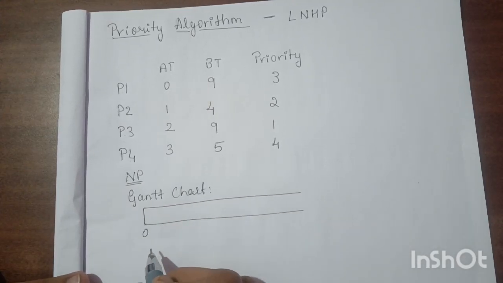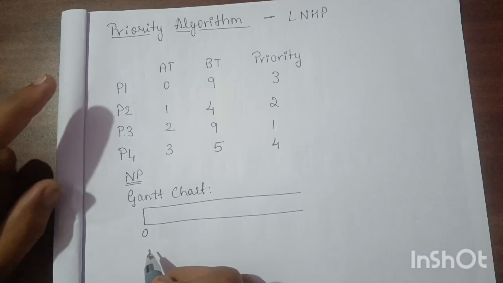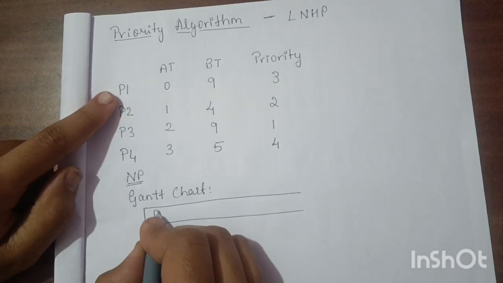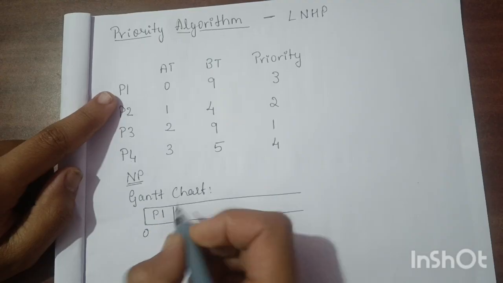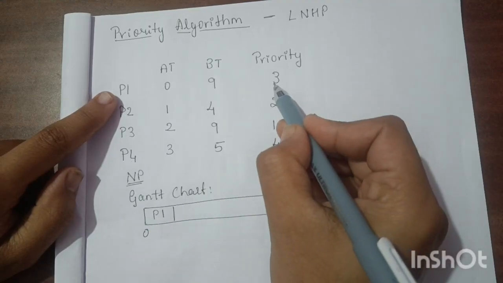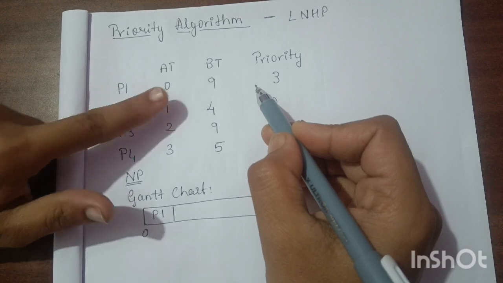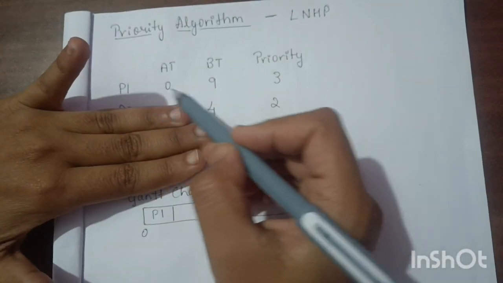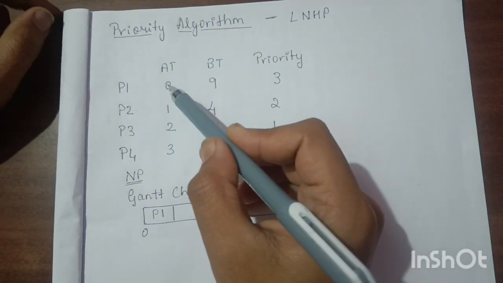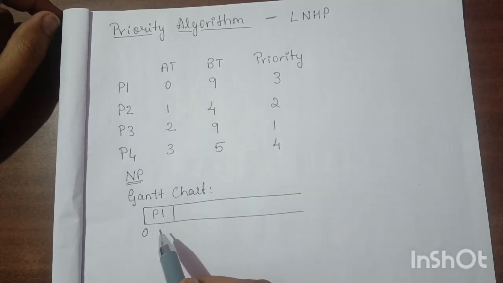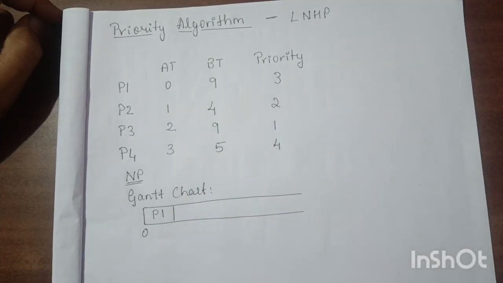At 0, we have process P1 arriving. Though the priority is 3, I have to schedule process P1 because no other process has come at time 0.